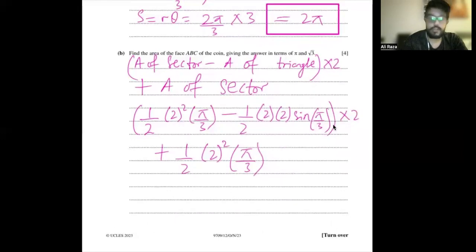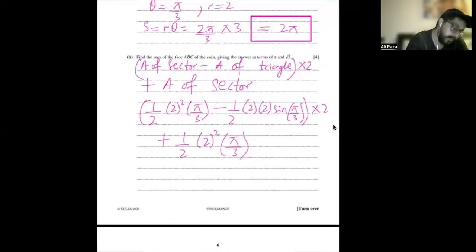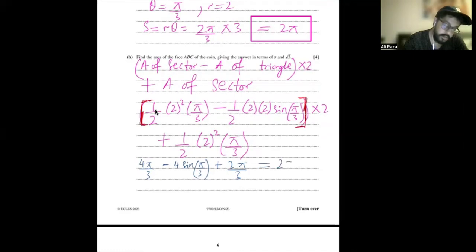Now this 2 outside the whole bracket gets multiplied with both the halves inside the bracket. This 2 gets multiplied by this half as well as this half. So inside the bracket, I'm left with 4 pi over 3 minus 4 sine pi over 3 plus 2 pi over 3, giving me 2 pi minus 4 sine pi over 3.